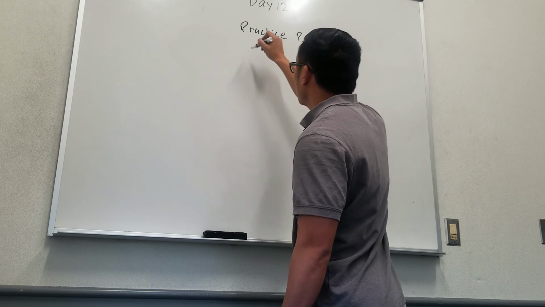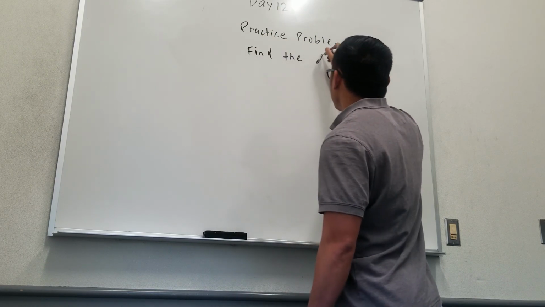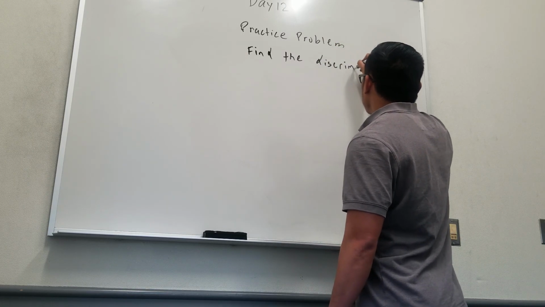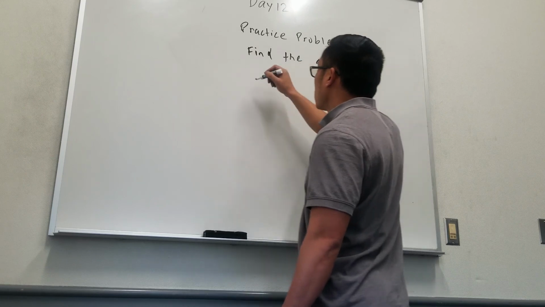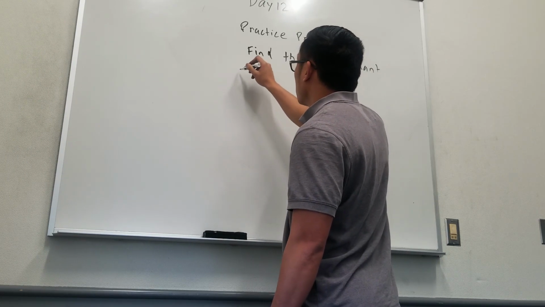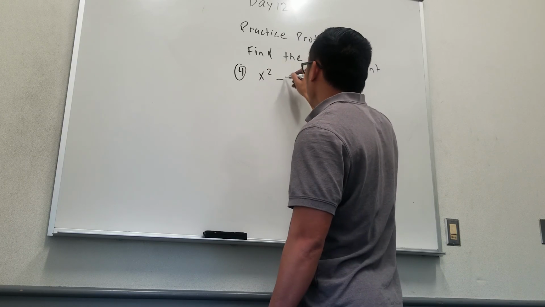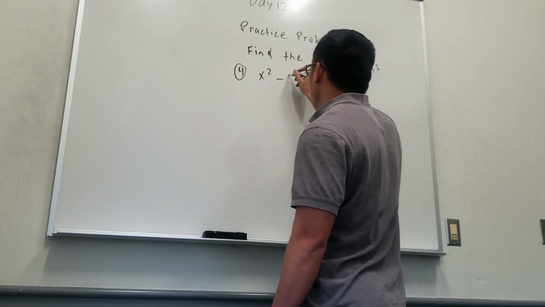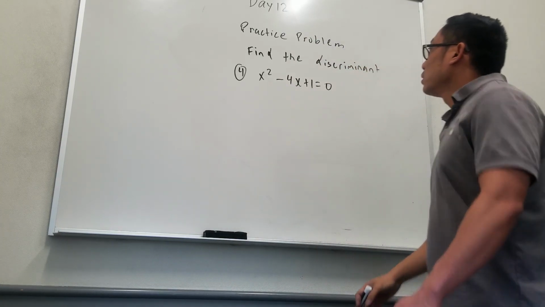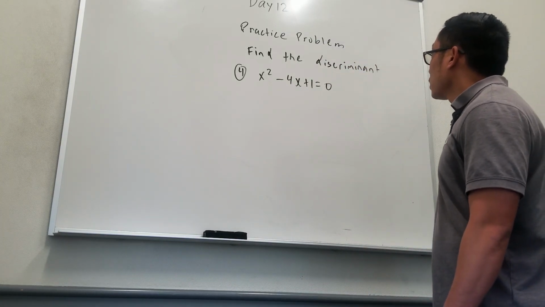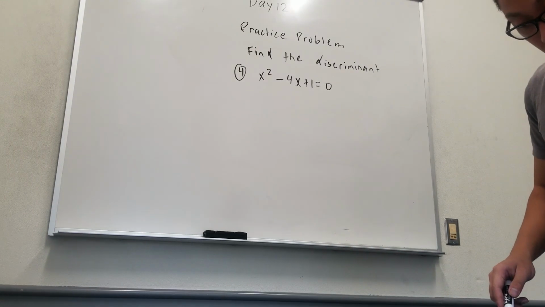So here, find the discriminant. Go back to the video if it doesn't make sense to you. So let's do it. Was that 3? That was 4. x squared minus 4x plus 1. I'm not sure if I'm writing that correctly. Let's look at the book.